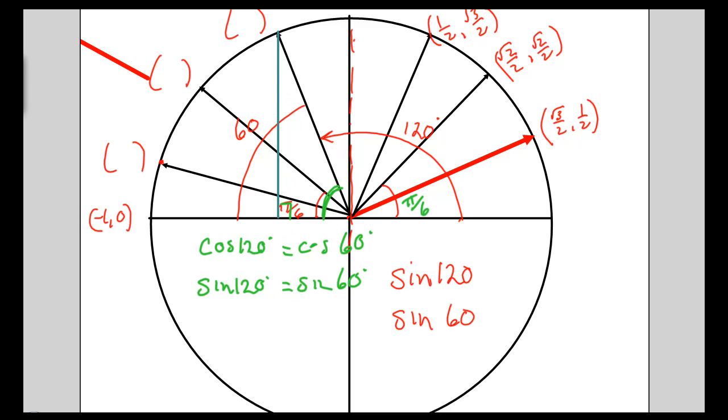So the special triangle that I'm thinking of looks something like this, where this is pi over 3, 60 degrees, this is pi over 6, 30 degrees, and I have to remember that I'm in quadrant 2. So when I'm writing out my ratios, opposite of 30 degrees is 1, but because I'm in quadrant 2, that x value has to be negative.